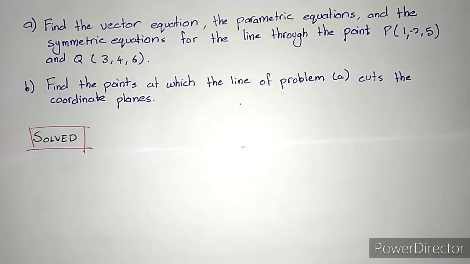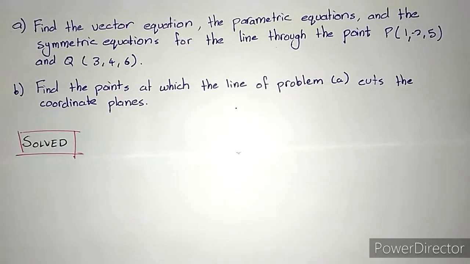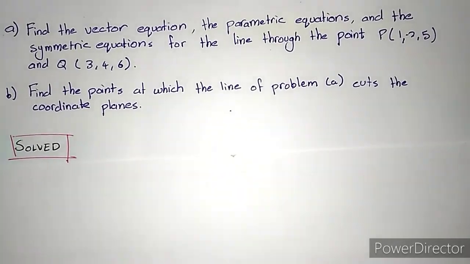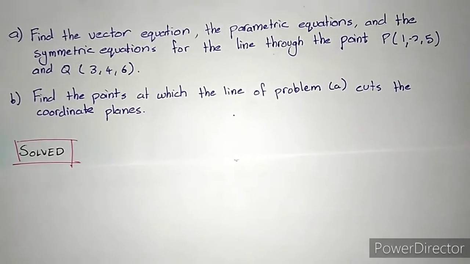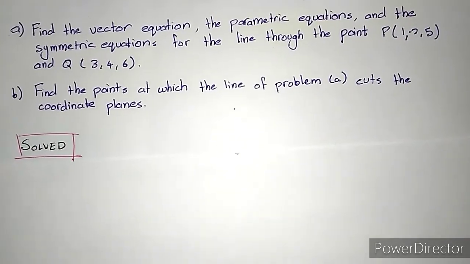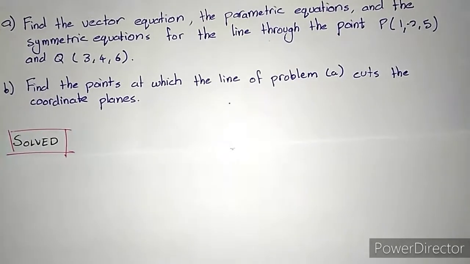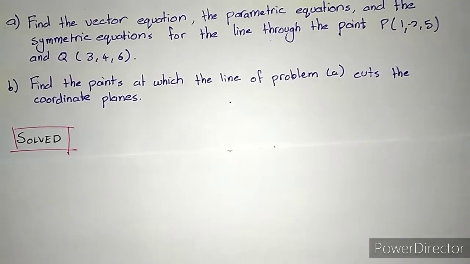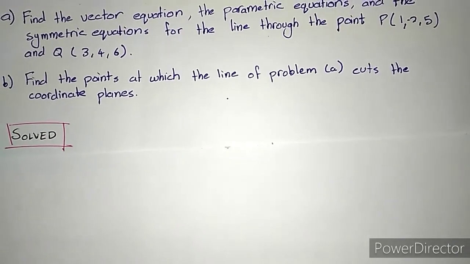So let's get back to solving this problem. We need to find the vector equation, the parametric equations, and the symmetric equation for the line through the points P(1, -2, 5) and Q(3, 4, 6). Then we need to find the points at which the line cuts the coordinate planes.